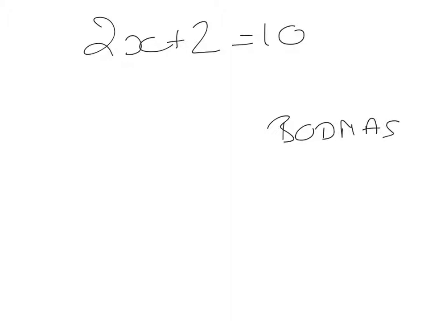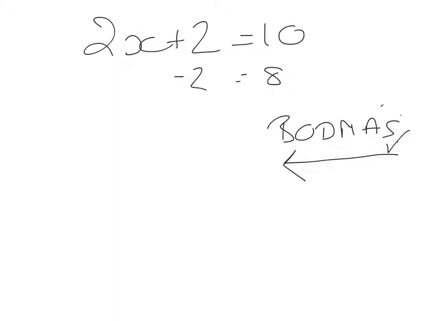Normally in BODMAS we go this way, but if we're going to use it in algebra, we're actually going to go backwards. So the first thing I'm going to do is subtract, because there's my S, S means subtract. I'm going to subtract the 2. So 10 take away 2 is going to give me 8.